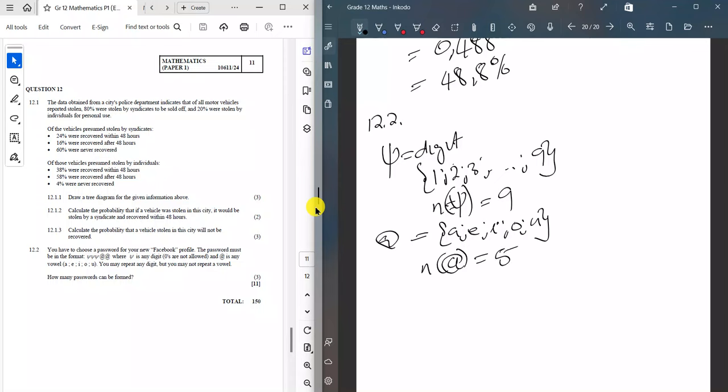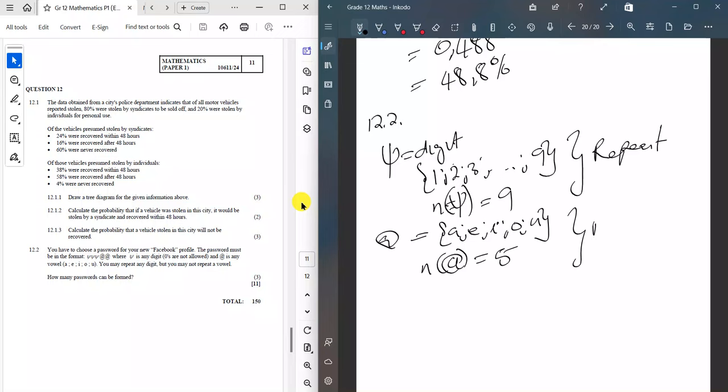They say you may repeat any digit, but vowels do not repeat.